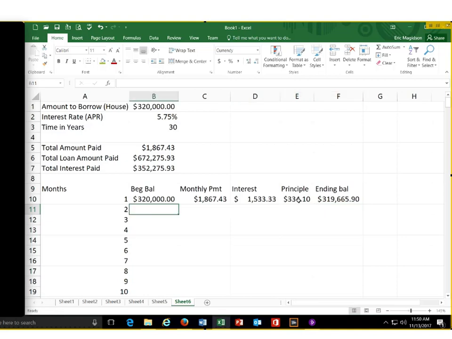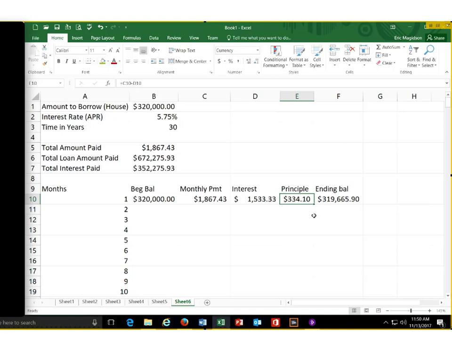Because I just reduced my total amount owed by $334. Now, who really won on that transaction? Not you. The bank won. That's why they do it. So the bank's going to make sure they get as much interest as they can at the start.